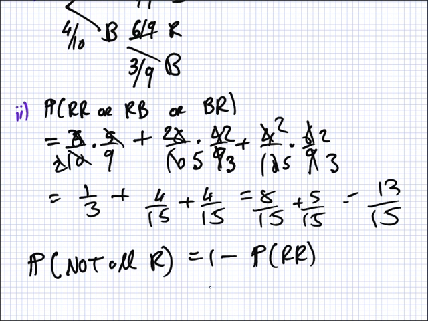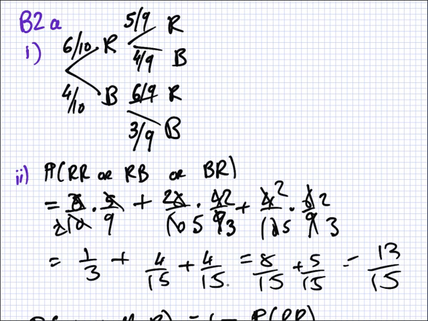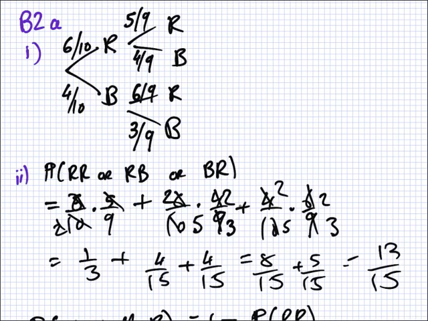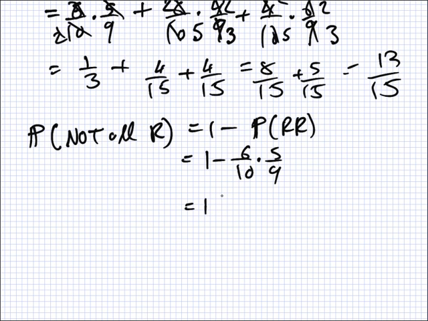Well, let's see if I get the right answer. What's red, red? 6 tenths times 5 ninths. That's red, red, isn't it? 1 minus, that will be 5 and that will be 3. No, I've done something wrong then, haven't I?